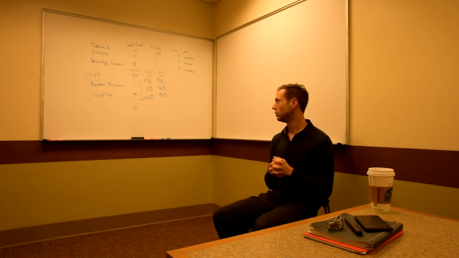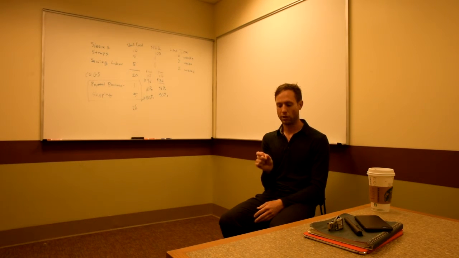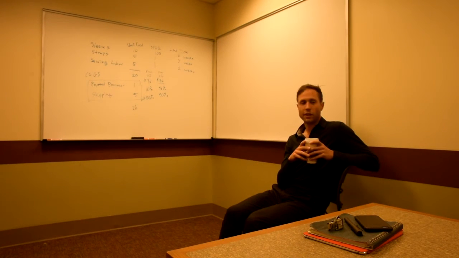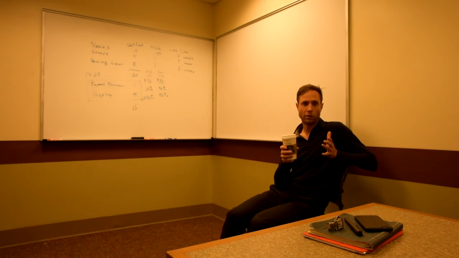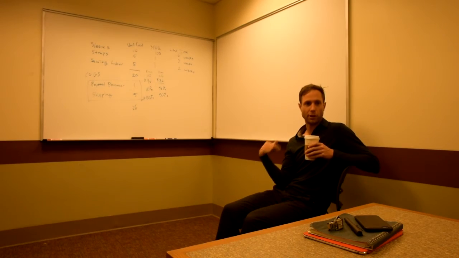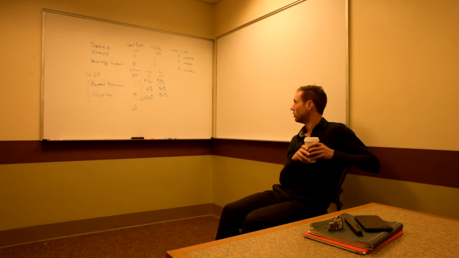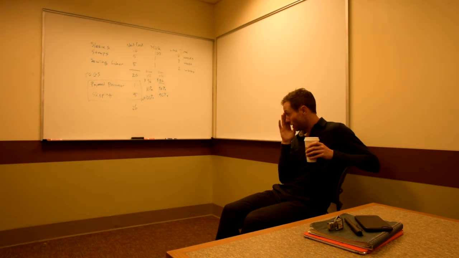And then that tells you each time that you make a new order for 100, that becomes basically your risk. So say the minimum order quantity is 100, but you're selling through that still really fast. Well then, I think that's where lead time starts to come into play more. If you know it's going to take 6 weeks to order more, then to some extent you want enough.